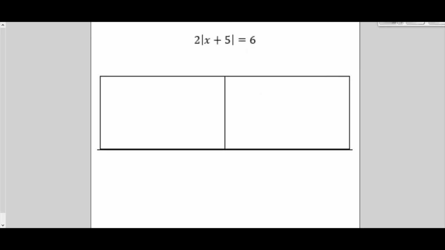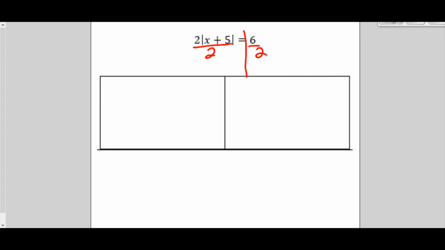Here's another example. 2 times the absolute value of x plus 5 equals 6. Notice in this absolute value equation, there's this 2. The 2 is not inside the absolute value, it's outside. To solve this, I need to start by getting rid of that 2. This 2 is being multiplied by the absolute value, so I'm going to undo multiplication and divide by 2.